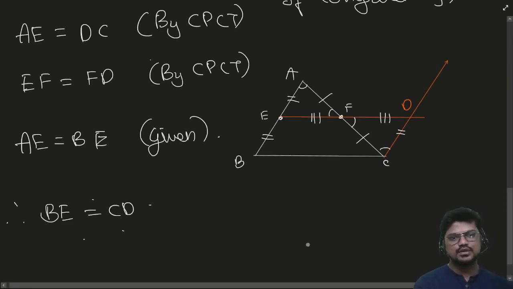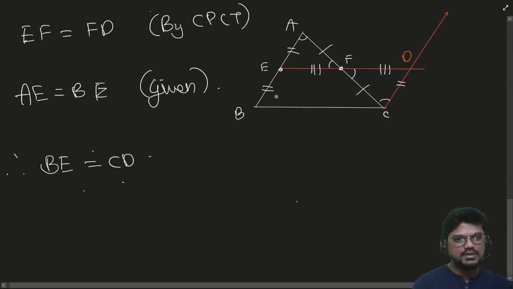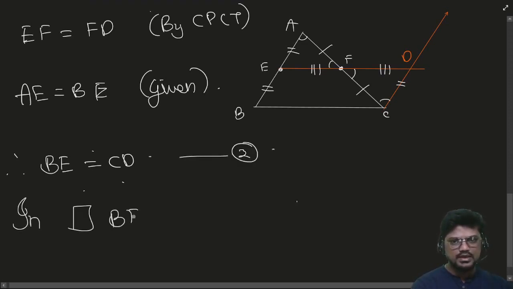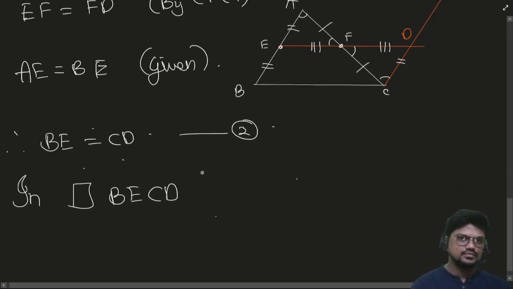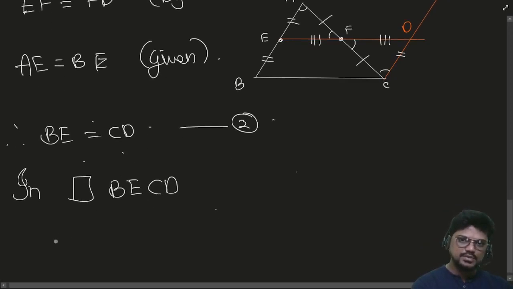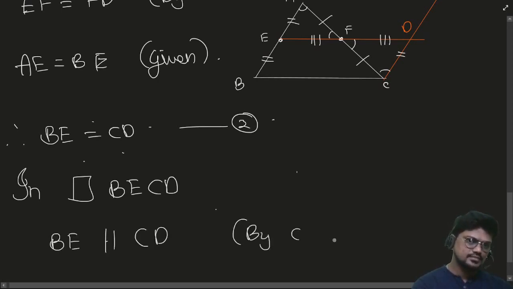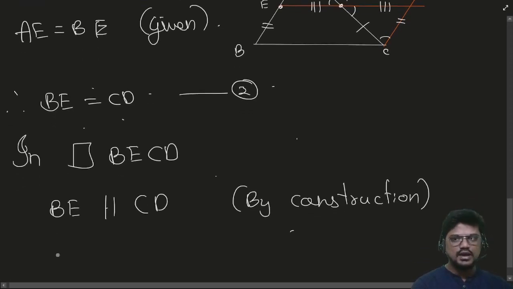Now if BE is equal to CD, in quadrilateral BECD, what I know is BE is parallel to CD by construction, and BE is equal to CD, proved above.